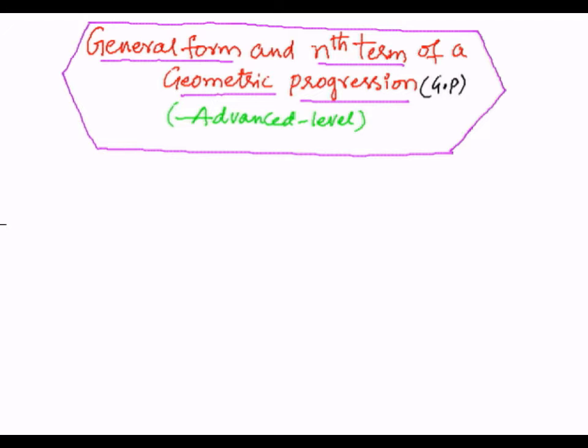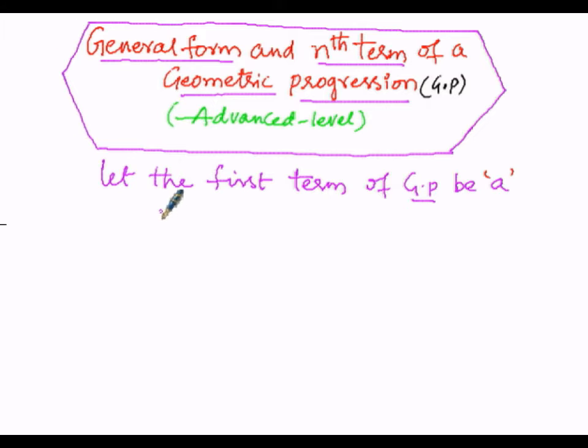So, first of all, let the first term of the GP, that is geometric progression, be a, and at the same time we are going to assume the common ratio, that is to be multiplied in order to get the remaining terms, as r.